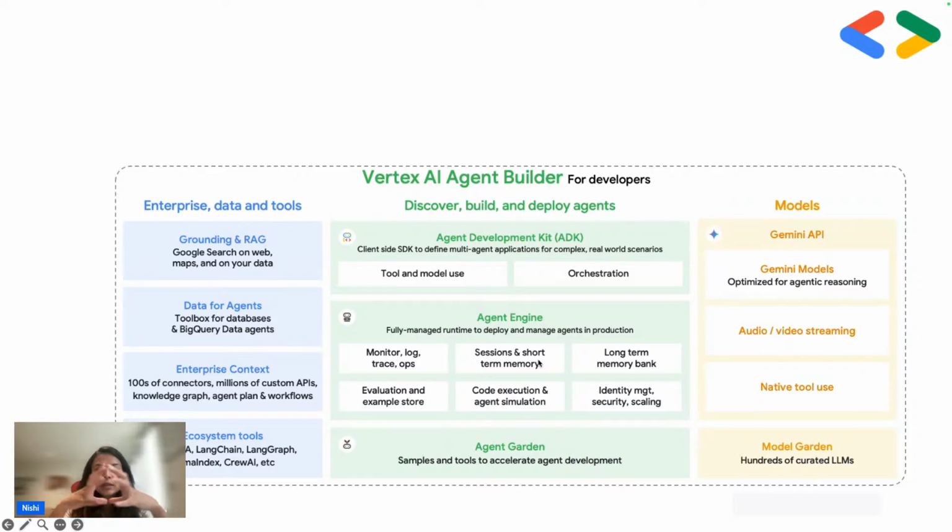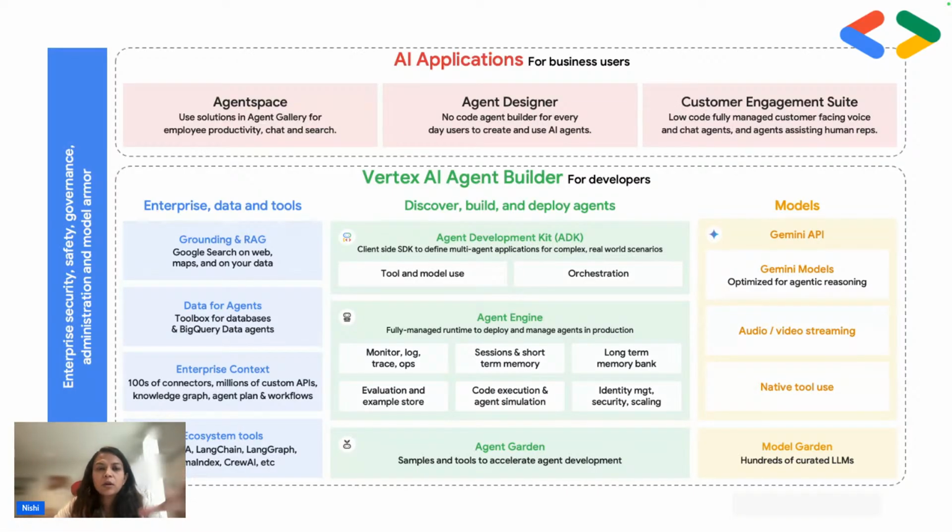So this is your Vertex AI Agent Builder for developers. Then it also has something for the business users where it has Agentspace, Agent Designer, and customer engagement suites. So in this session, we are going to focus mainly on the developer side of things. So we'll focus on the Agent Builder.